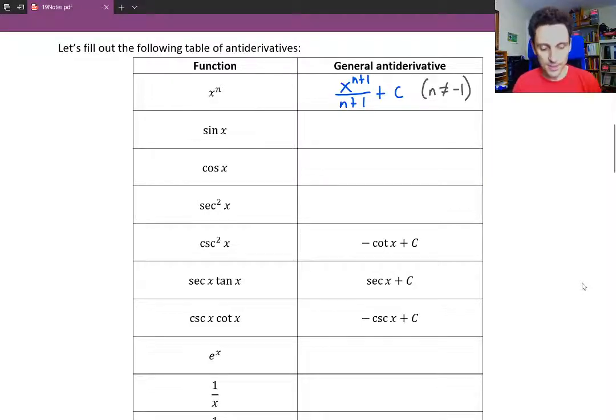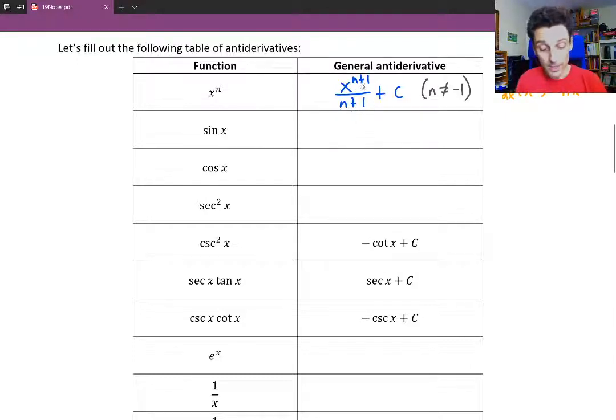It makes sense if you think about the power rule: going forward, you multiply the exponent in front, and then you subtract 1 from the exponent. Going the opposite direction, it makes sense that you would do the opposite things in the opposite order. So add 1 to the exponent, and then divide by that exponent. It's doing the opposite things in the opposite order.